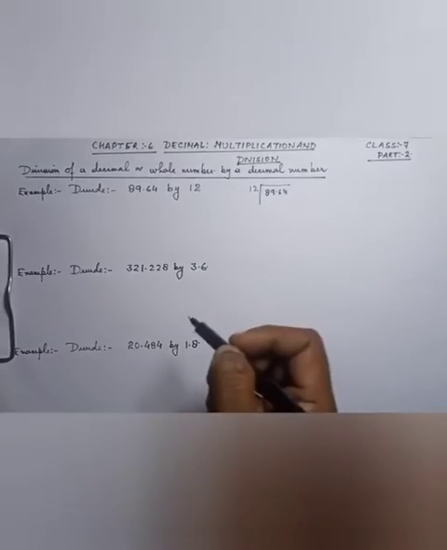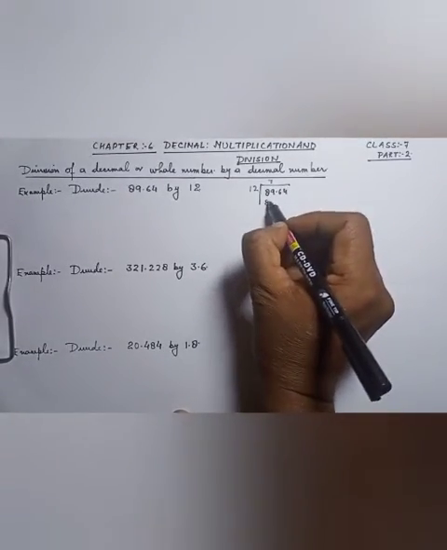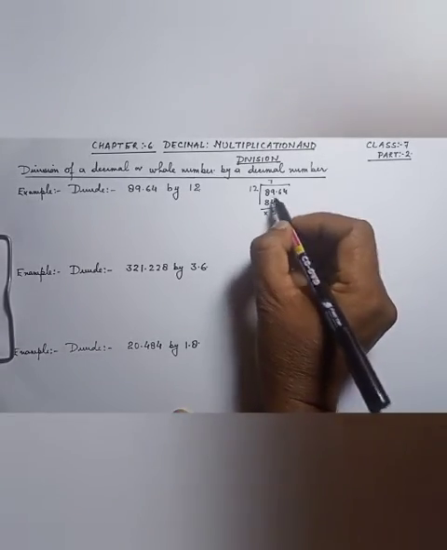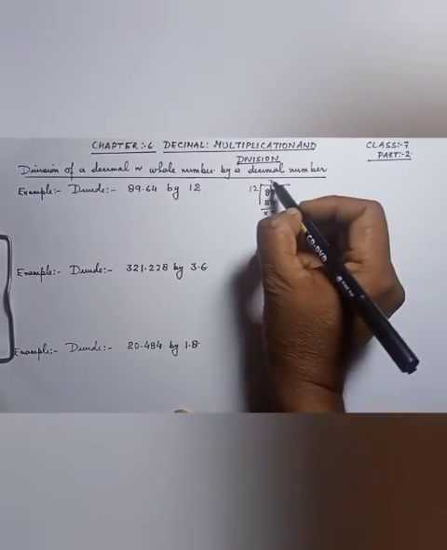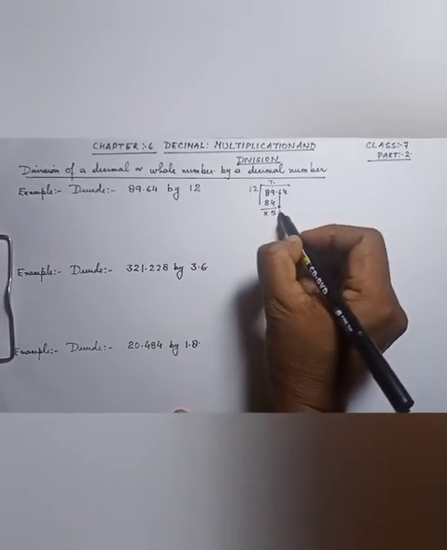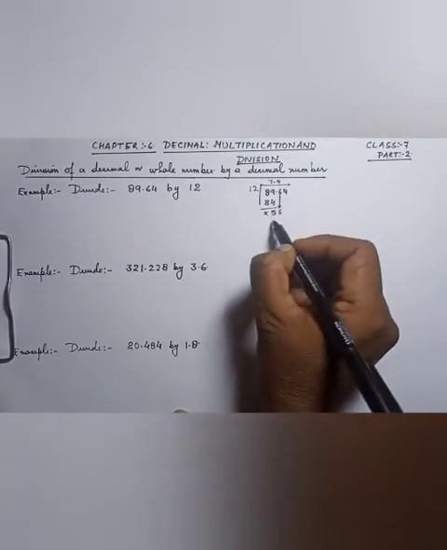89.64. 12 sevens are 84, so we can eliminate it and 5 is the remainder. Now after 89 there is a decimal, so we are going to put the decimal over here and we are going to bring this 6 down. 12 fours are 48.